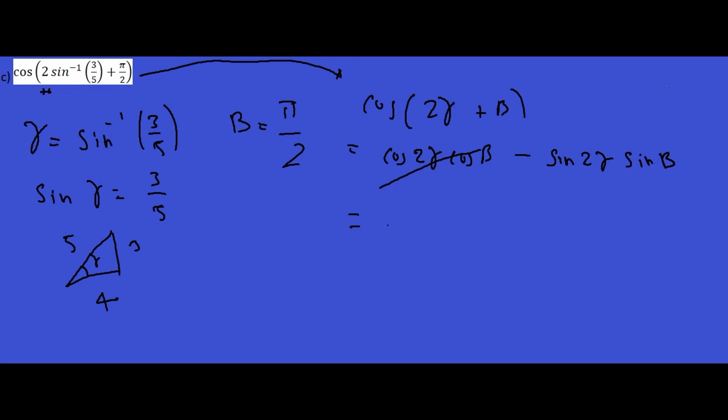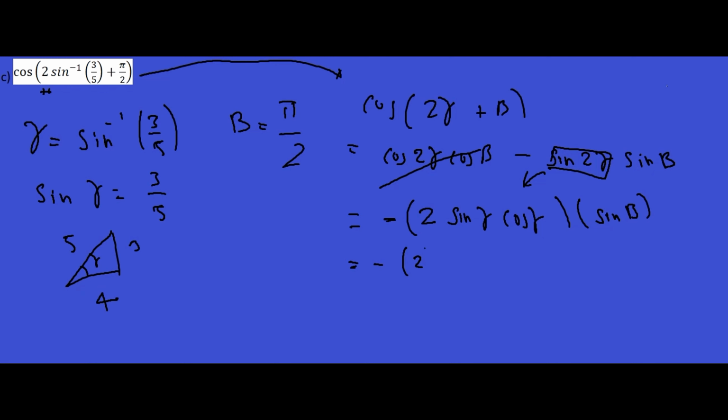Sine 2 gamma, this is a double angle formula, so sine 2 gamma is 2 sine gamma cosine gamma, and then we need to multiply with sine B. So I simplify this part by substituting the double angle formula.